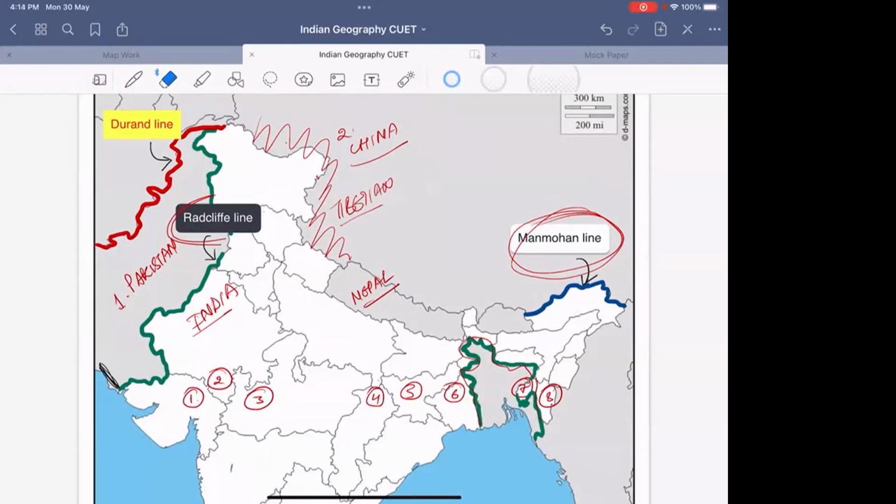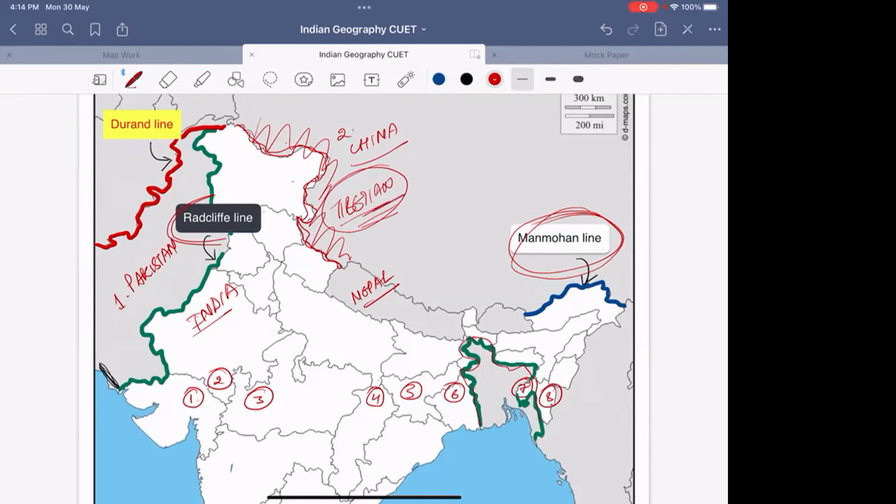I will tell you the person who proposed this line, but China does not accept it. China doesn't accept the line from here to here because at the time when it was drawn, Tibet was an independent state. After that, China occupied Tibet, so automatically this line now divides India and China.